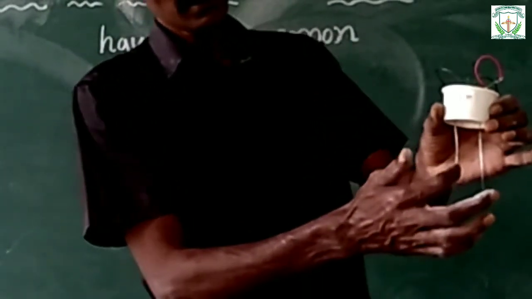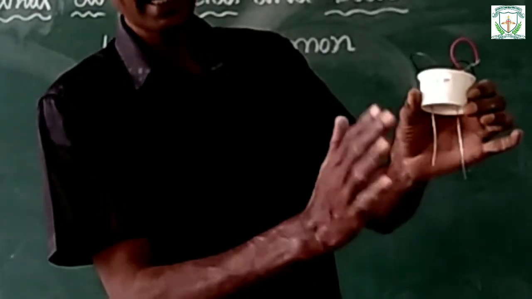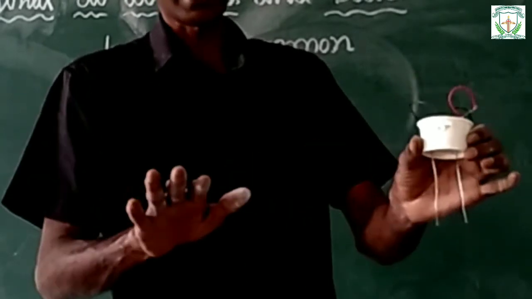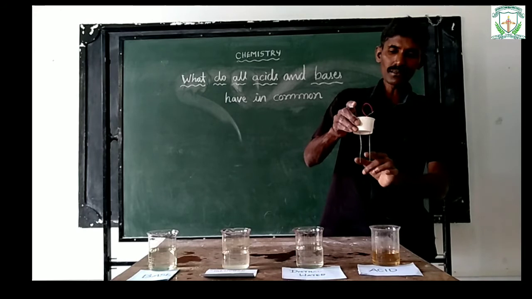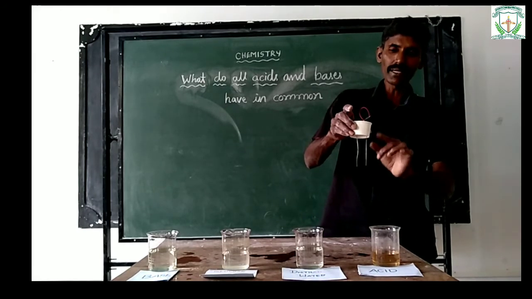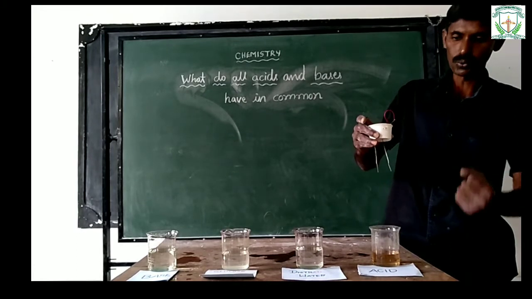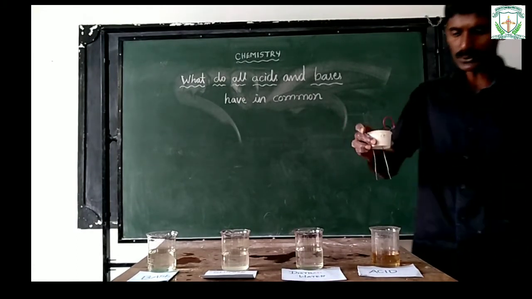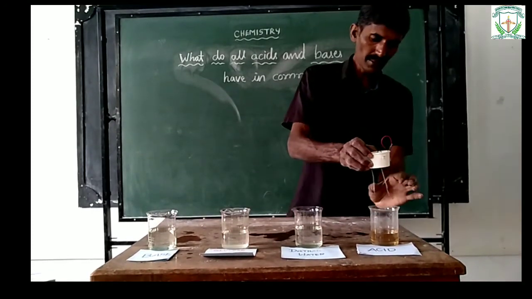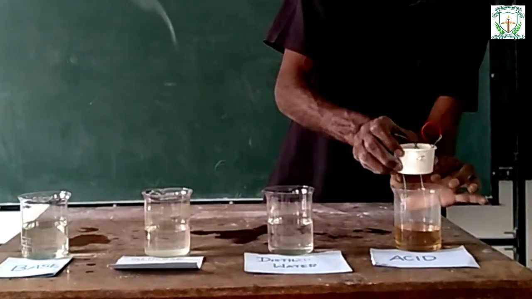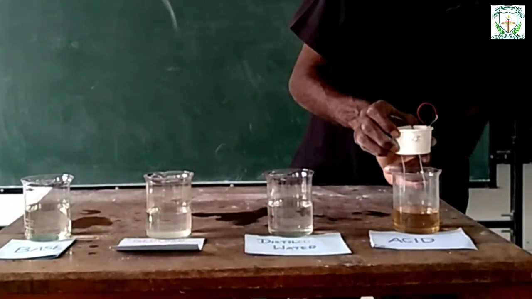When the two electrodes are separate, the electric circuit is disconnected. No charges or ions move through the wire, so the bulb does not glow. Now I am going to dip them into the acid solution. Observe carefully.